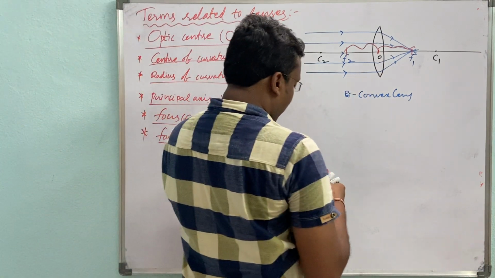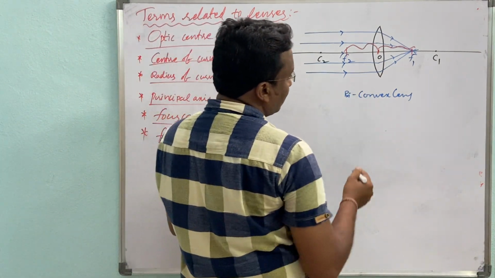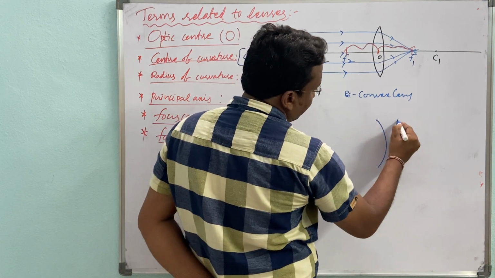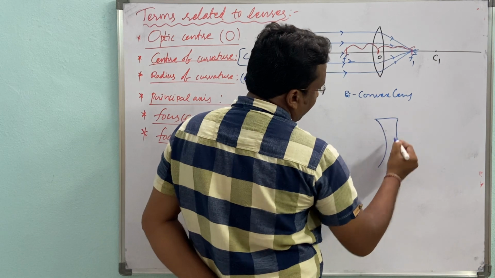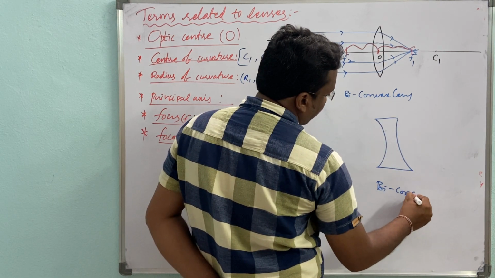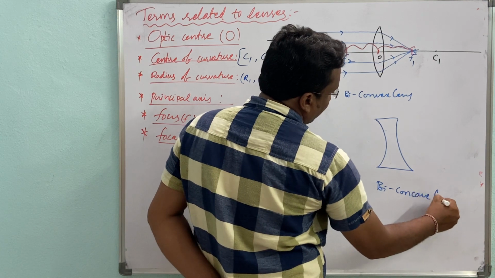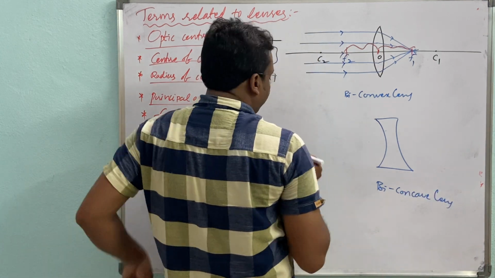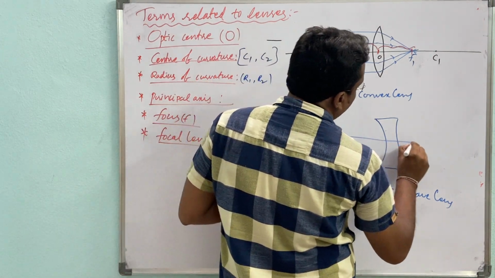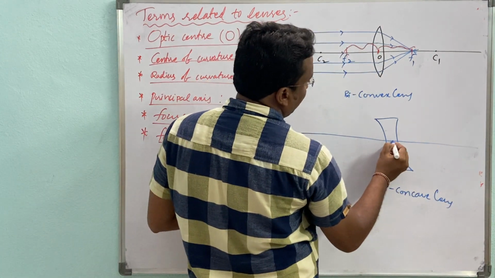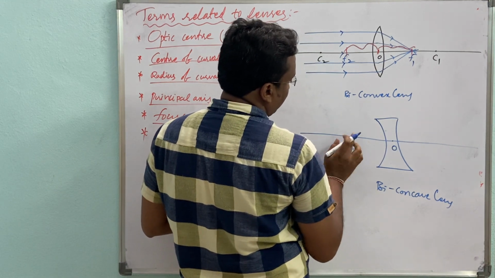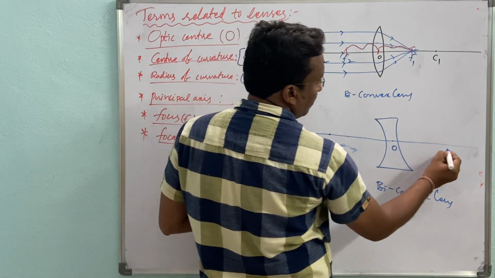And in the same case, finding a focus in concave lens, biconcave lens. Right? Okay. This is what? Biconcave lens. Then this is principal axis, optic center, right?